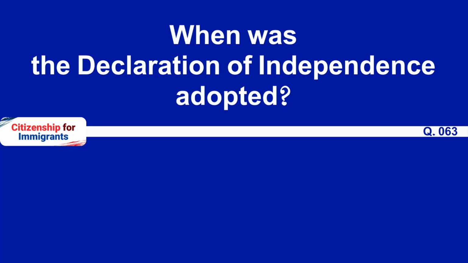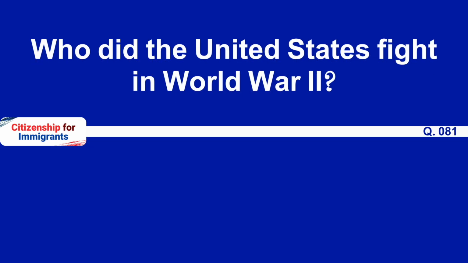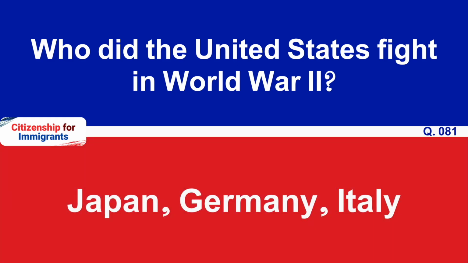When was the Declaration of Independence adopted? July 4, 1776. Who did the United States fight in World War II? Japan, Germany, and Italy.